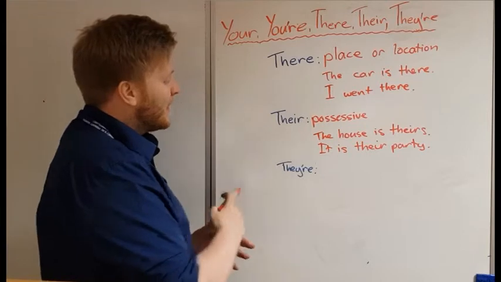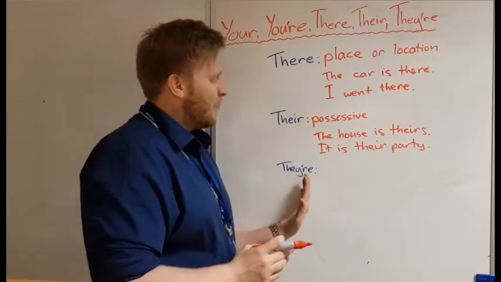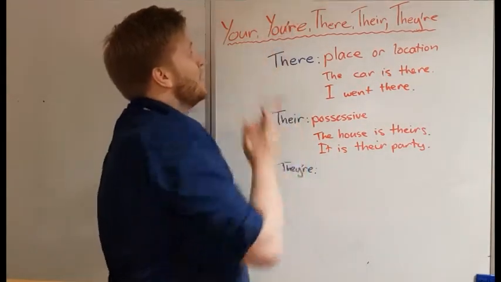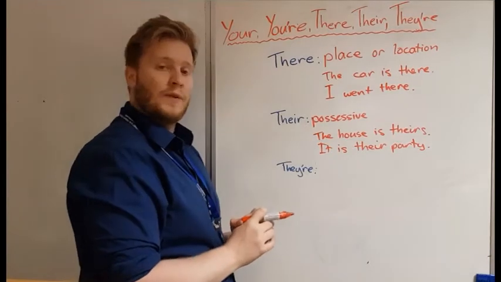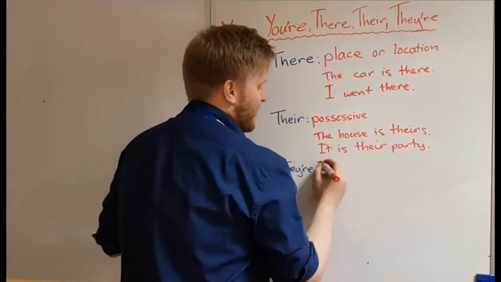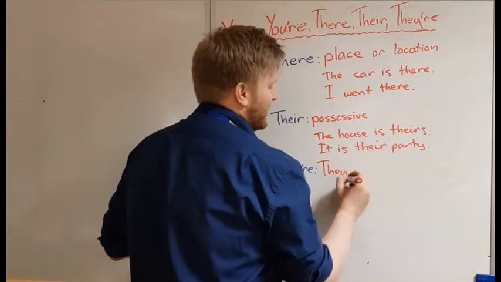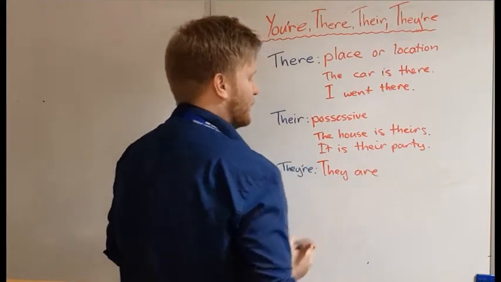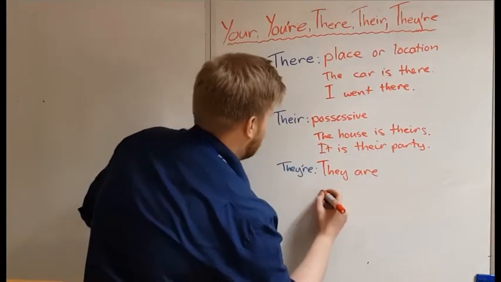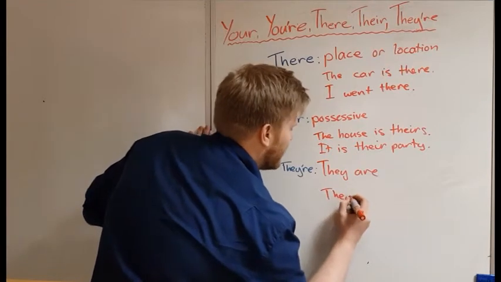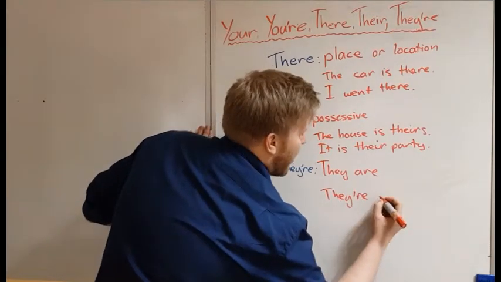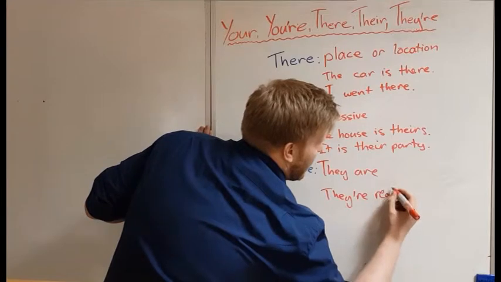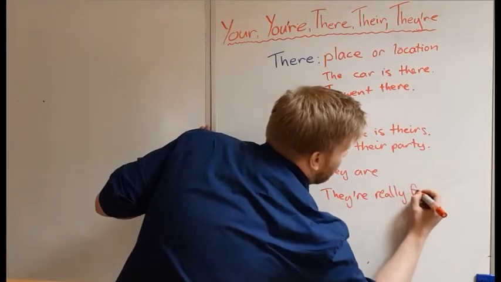Okay, and then the last one we have is the there with apostrophe and R-E. Very similar to the you're with the apostrophe and the R-E, and it means the same thing. It's a contraction. That means they are. Okay, so we would use this in something like, they're really fun.